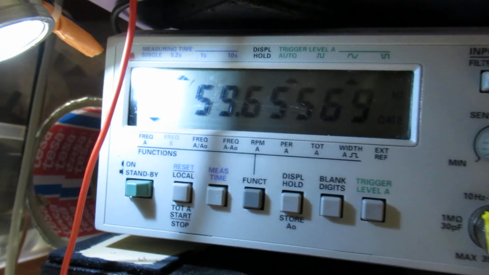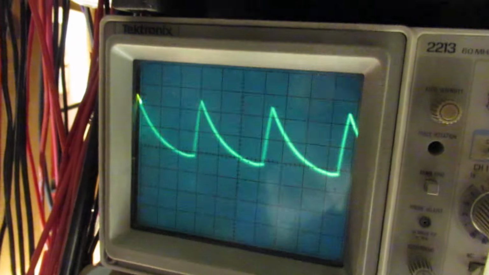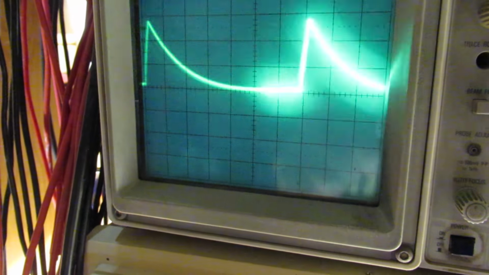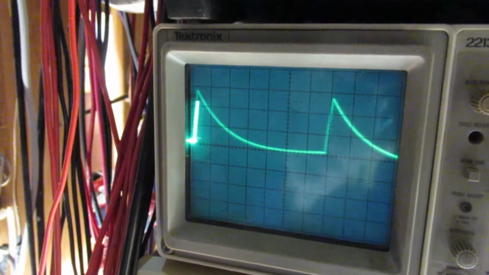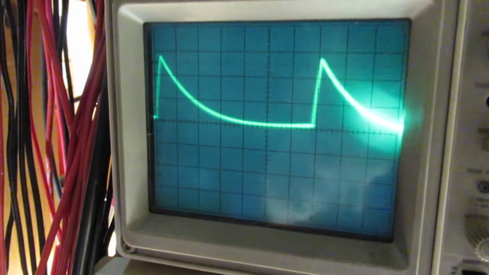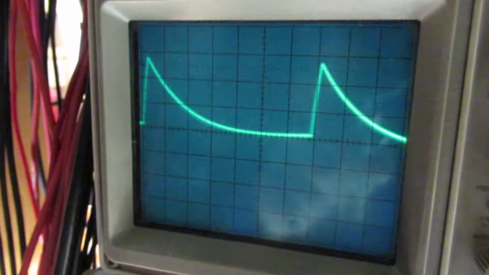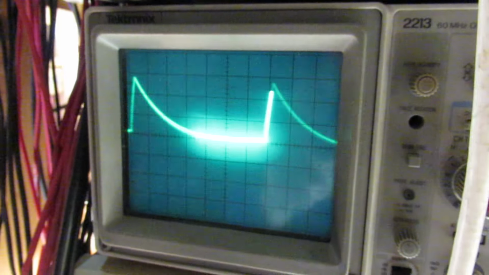So let's see, we are now on 59 Hertz. We go to a higher or lower frequency. Let's see. So even on this low frequency, 29 Hertz, there is a quite good sawtooth, ramp wave.